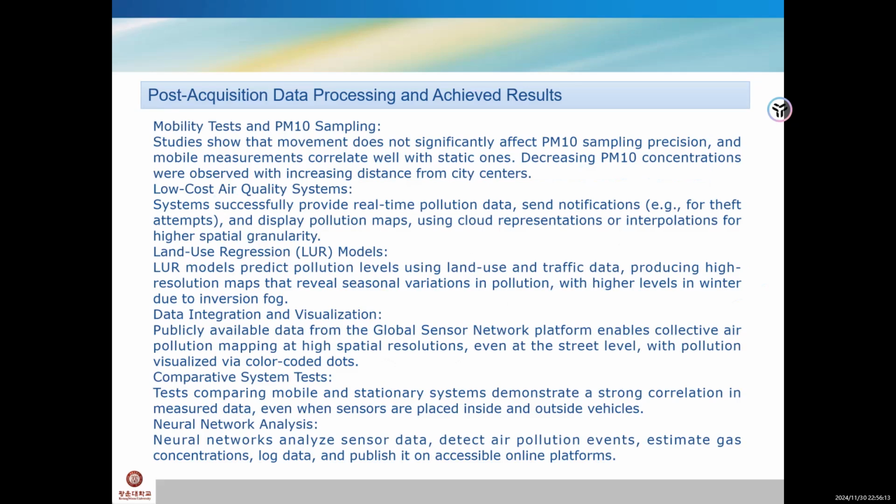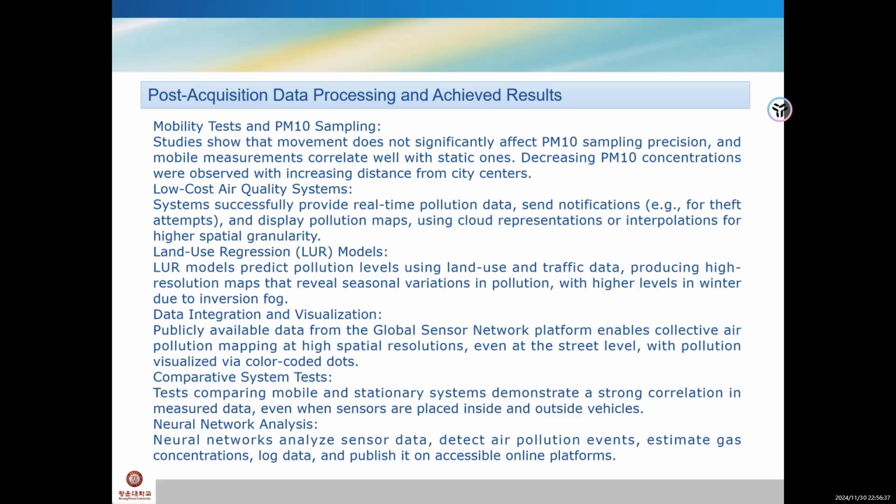LUR models predict pollution levels using land use and traffic data, producing high resolution maps that reveal seasonal variations in pollution, with higher levels in winter due to immersion fog.